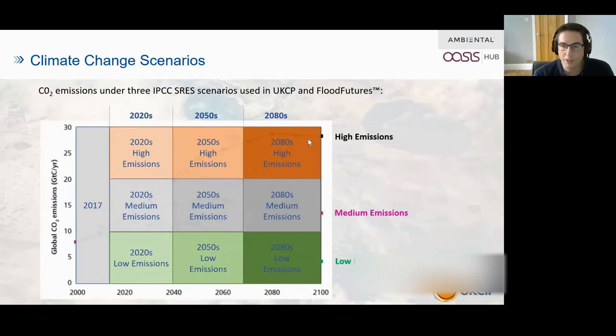So 2020s, 2050s, 2080s, near-term, mid-term, and long-term risk. High, medium, and low emissions, that gives a nice matrix of 9 that you can follow through in time or follow through in terms of the emission profile and see how that impact can happen. So next one, please, Rob.